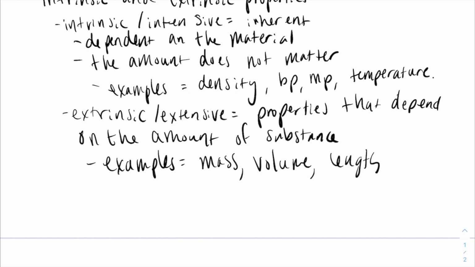Okay. We can then look at, now that we know our properties, we can look at our changes. So we have physical changes and chemical changes. So let's start with a physical change. And one of the most important physical changes we're going to look at, so I'm going to include it in here, are changes of state.